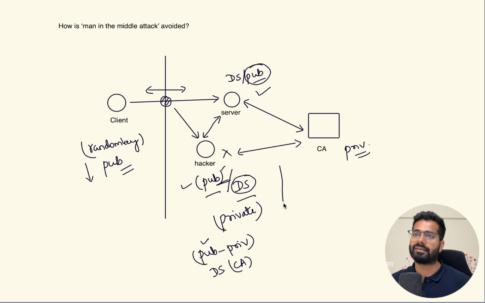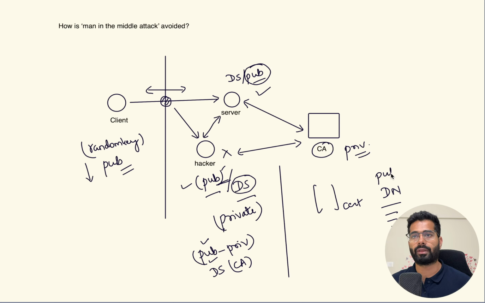Actually, in real systems, when a certificate authority is signing a request, it does not sign only the public key. The whole certificate is signed, and that contains the domain name and multiple other details, not only the public key.